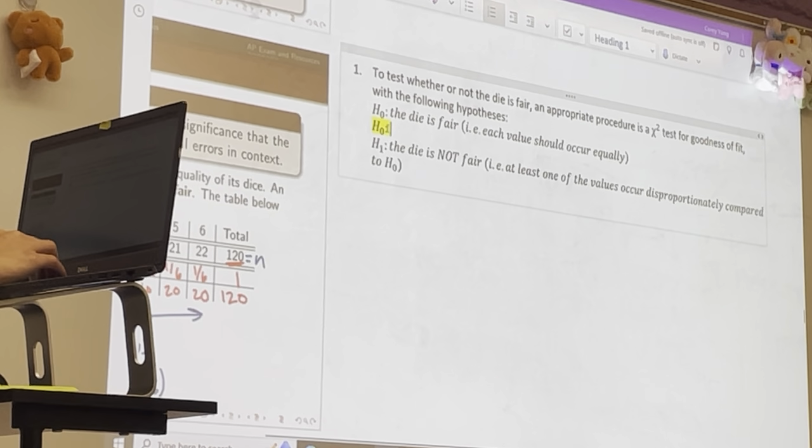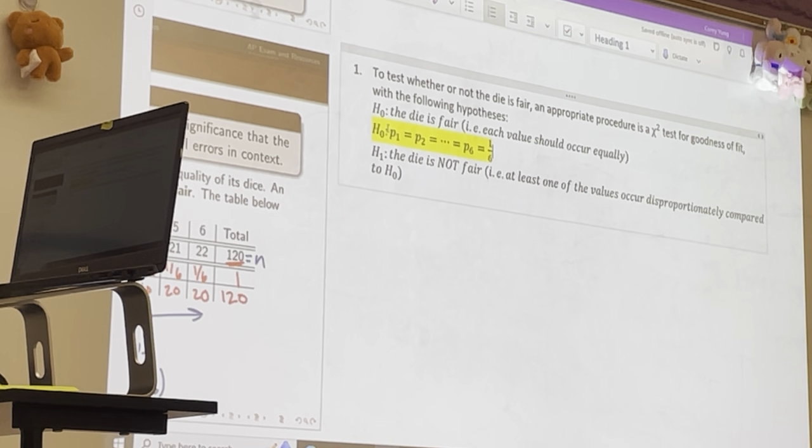You could also write P1 is equal to P2 is equal to ... equals P6, which are all equal to 1/6 probability. You can write your null hypothesis like this if you would prefer, but looking at how you stated this null hypothesis, you introduce variables, and who knows what P1, P2, P6 are, right?